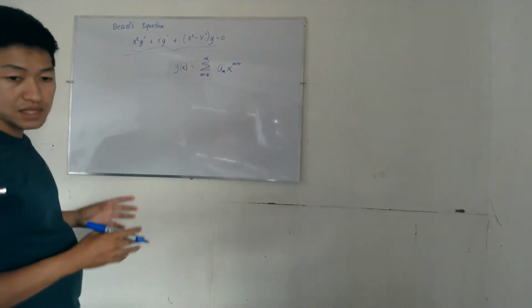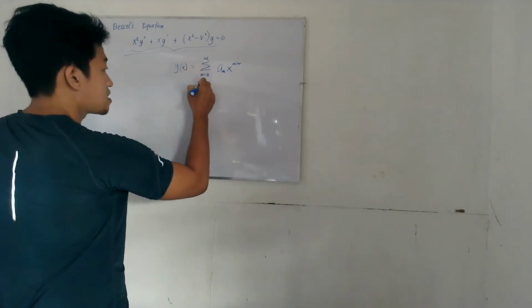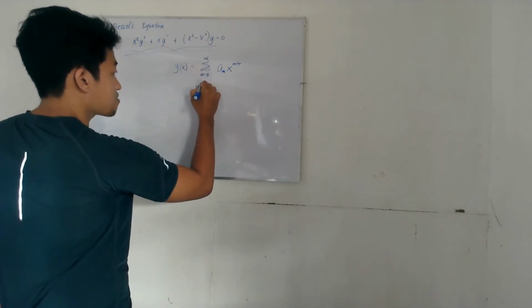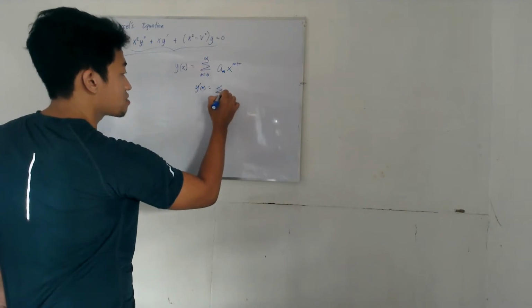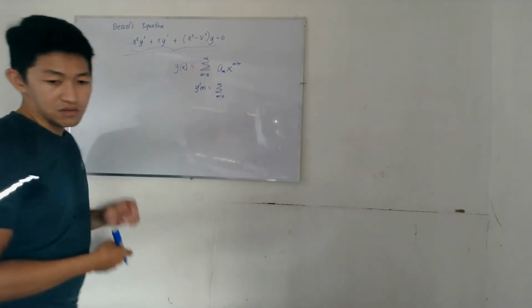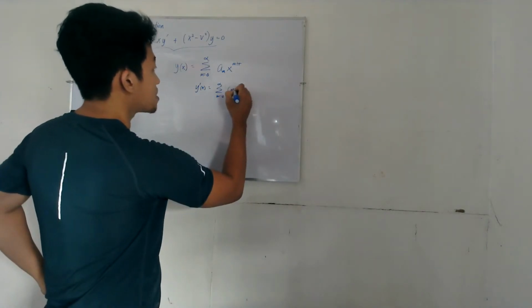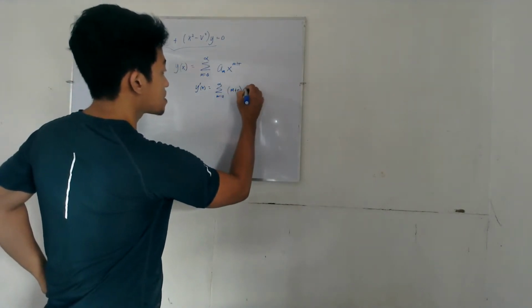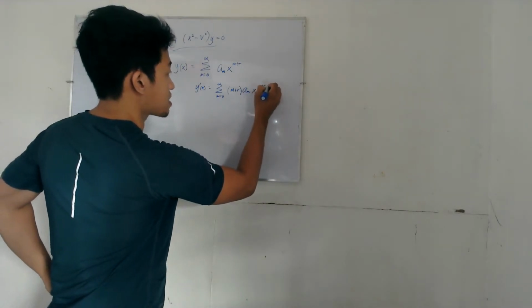Again, using the power series method, get the first derivative. So y prime of x is the summation from m equals 0 to infinity of (m plus r) a_m x to the m plus r minus 1.